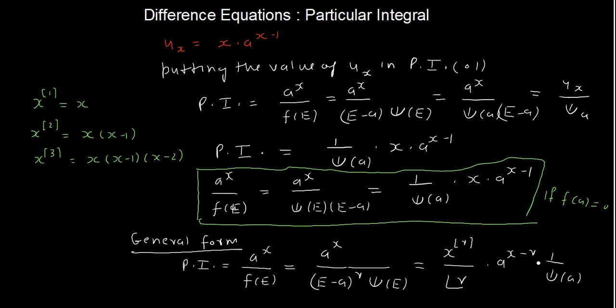And similarly x^(r) equals x into x minus 1 up to x minus r plus 1. This is the meaning of the notation x factorial notation r.